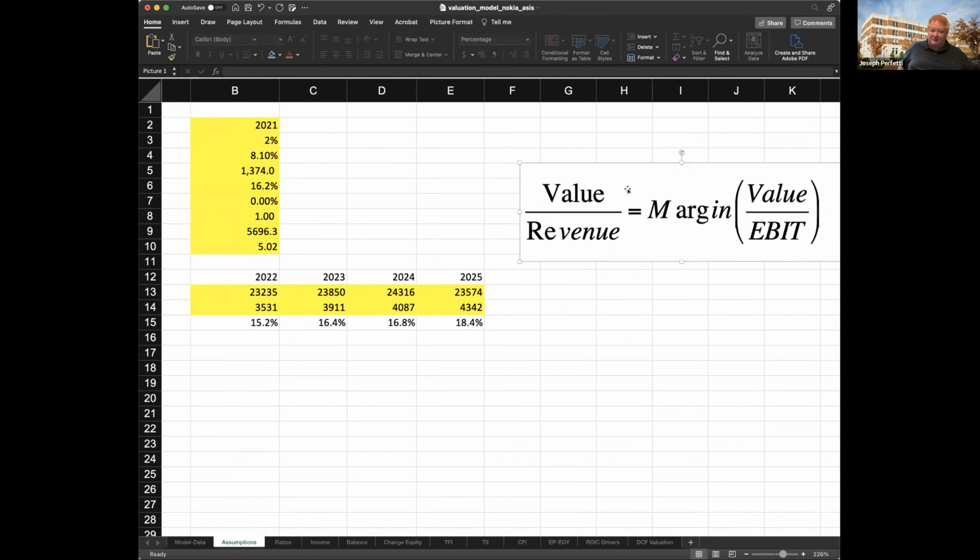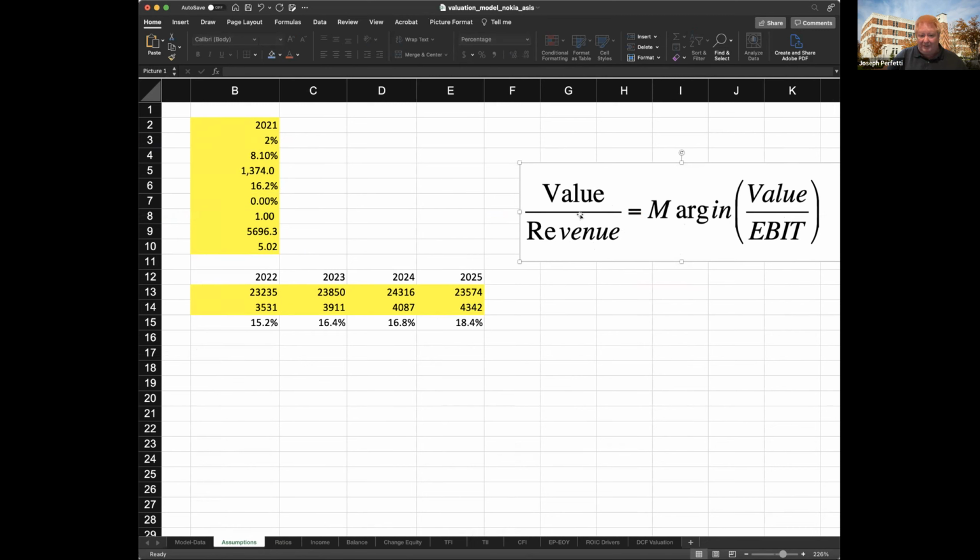I took a screenshot of it and I put it into our assumptions tab already. Okay. And what it tells us is that if I know the enterprise value to sales multiple and I know the margin, I can solve for the enterprise value to EBIT. Or if I know the enterprise value to EBIT and I know the enterprise value to revenue, I can solve for the margin. So essentially that's what we're about to do.